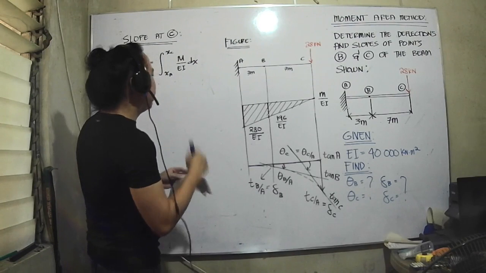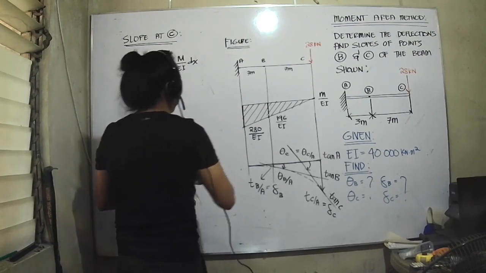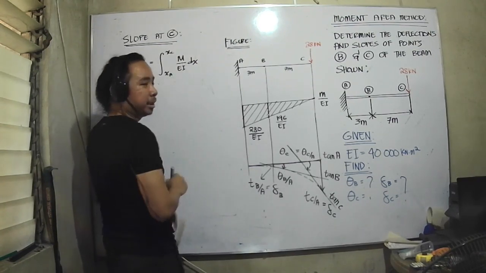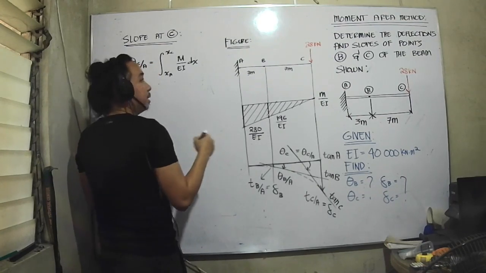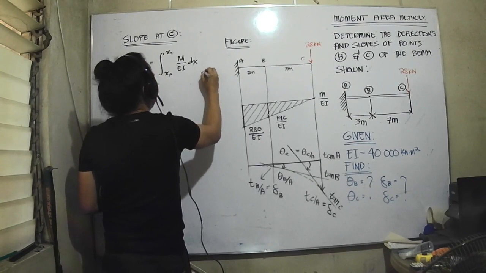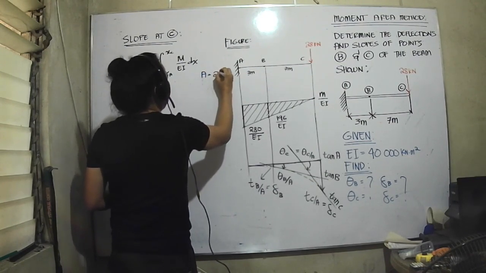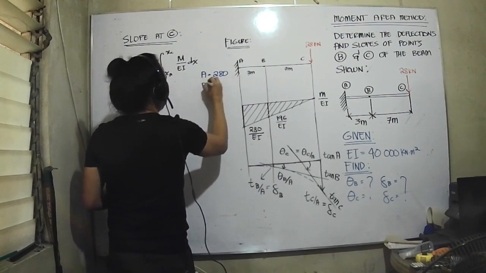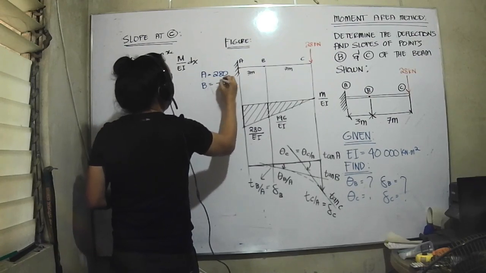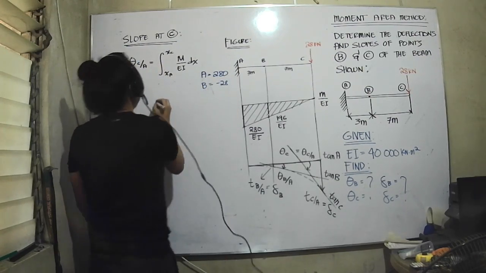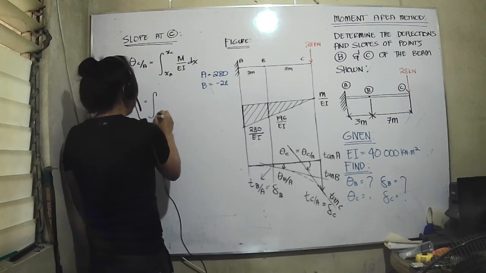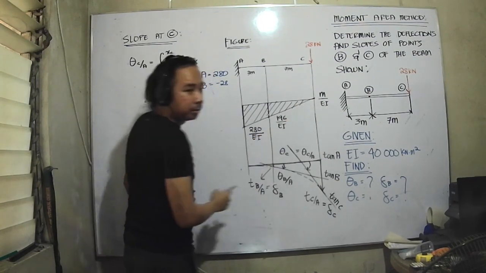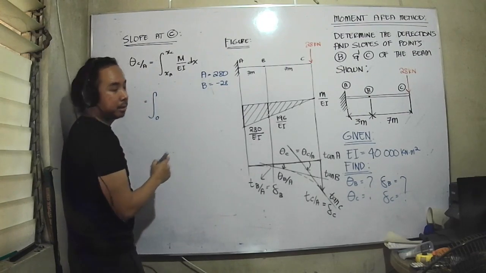Okay? So, try this alternative method. We already know that this is A plus Bx, which we obtained earlier, where A is equal to 280 and B is equal to negative 28. Same as the data, we just recycle this. We're integrating this time from 0 to 10, 7 plus 3, that's 10.